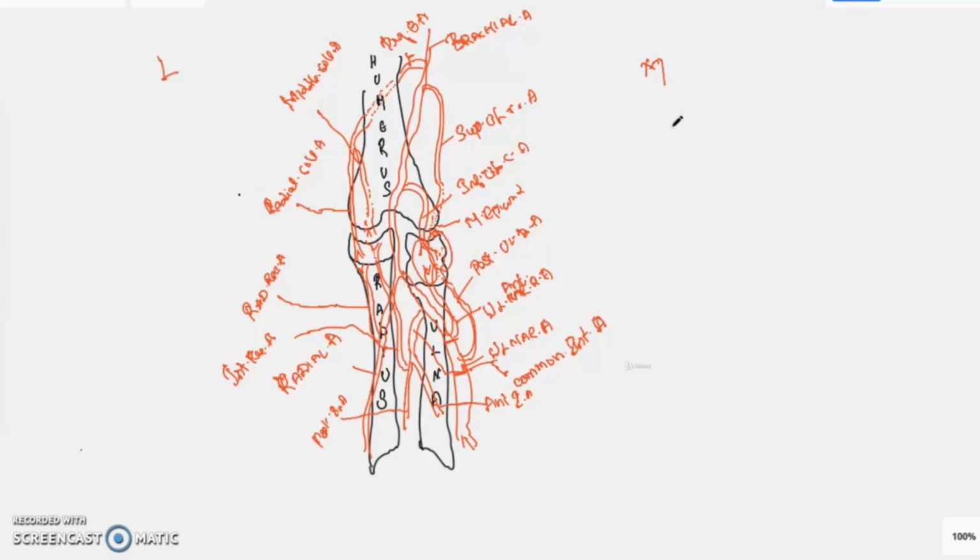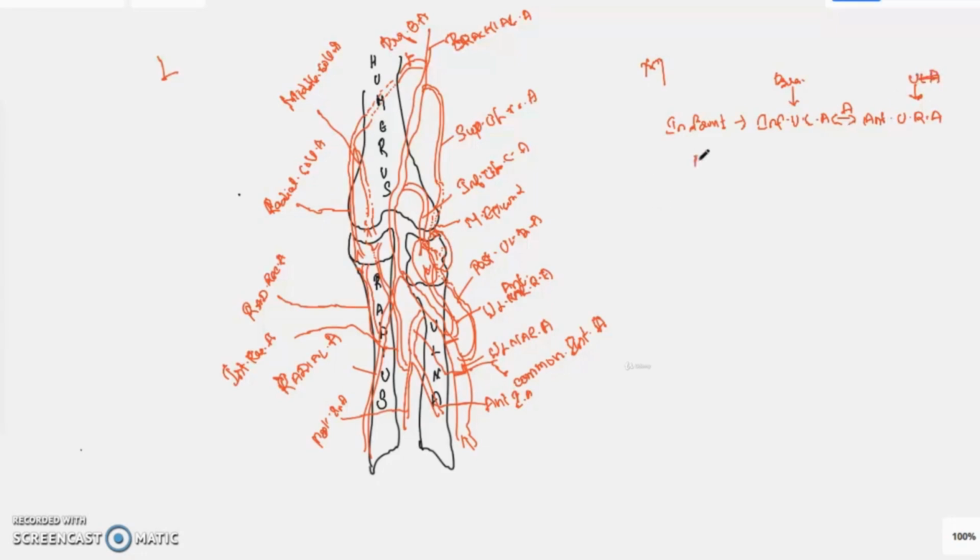I will mention. So in front, between the inferior ulnar collateral artery, anastomosing with anterior ulnar recurrent artery. This is branch of brachial artery, and this is branch of ulnar artery.